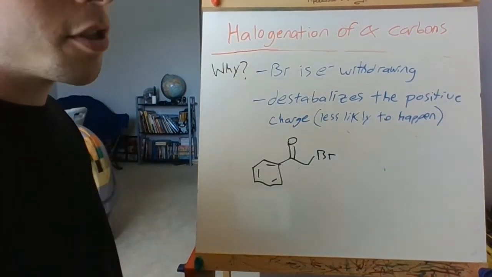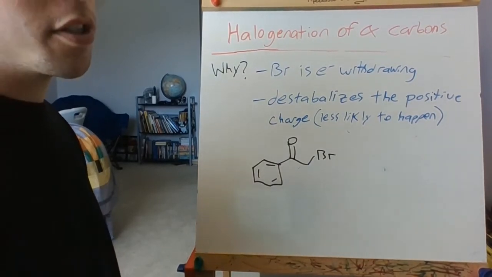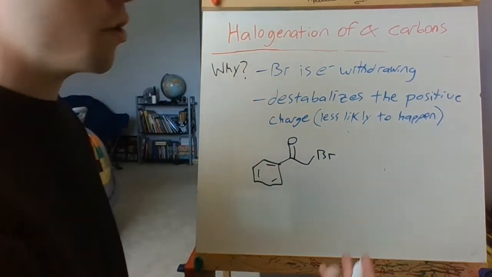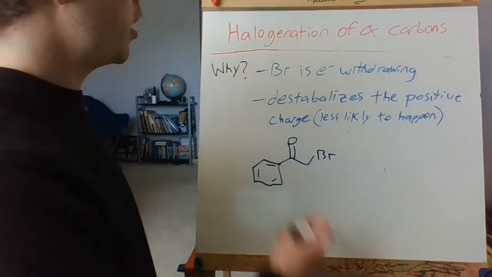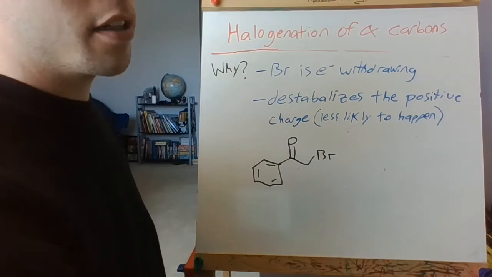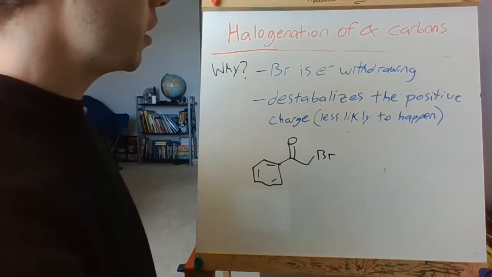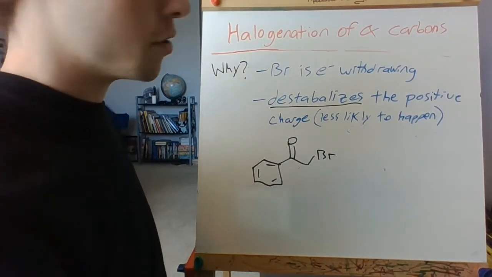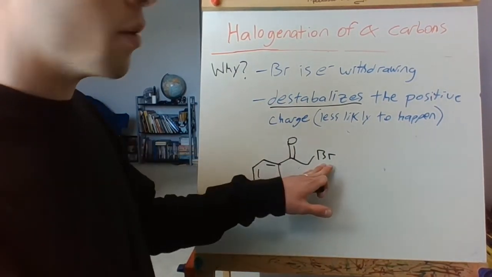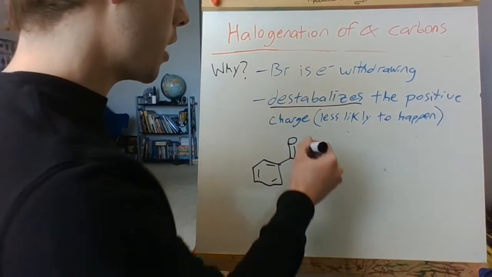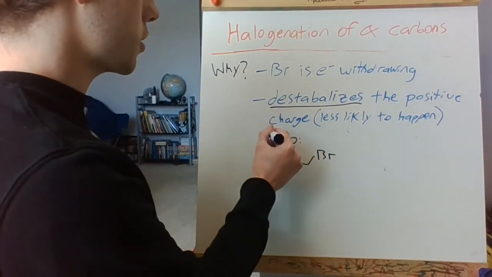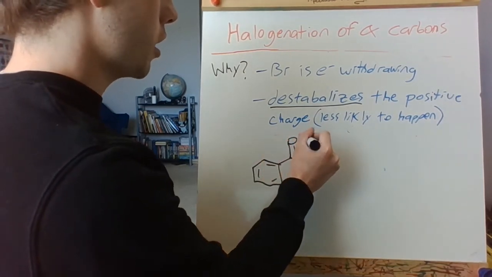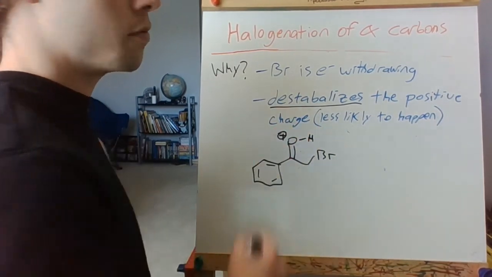You might be asking yourself, why under basic conditions do we get polyhalogenation, and under acidic conditions we only get monohalogenation? Keep in mind, the halogens bromine, chlorine, and iodine are electron withdrawing, and so this destabilizes the positive charge that is formed. After we do a single halogenation, if we were to do another, keep in mind that the first step was the protonation of the oxygen, so we get a positive charge.